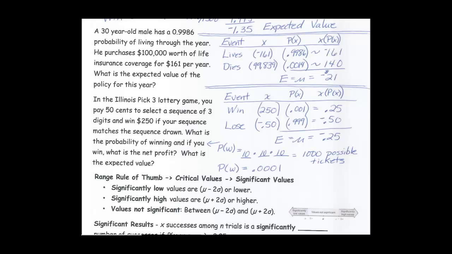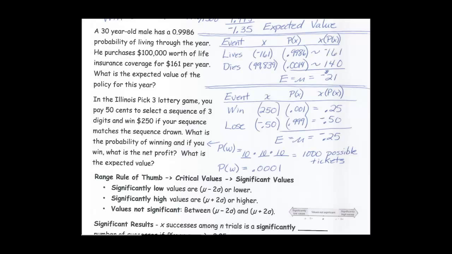The value of dying is the $99,839 that his beneficiary gains should he die. The probability of living is actually given to us in our problem. And because we only have 2 possible events in this, we can use the complement rule to find the probability of actually dying, which is quite small.